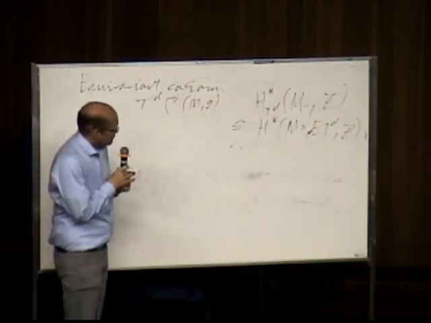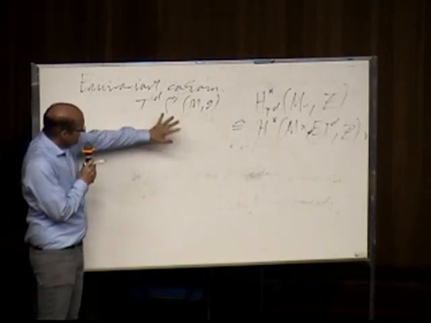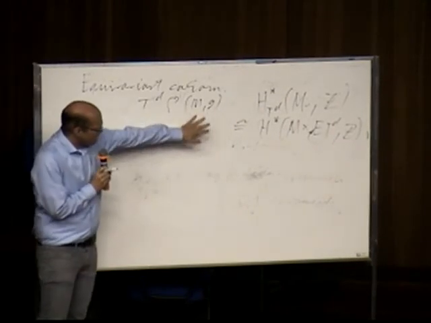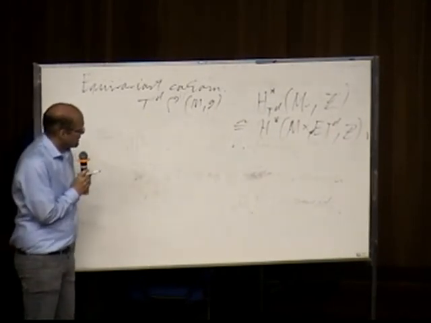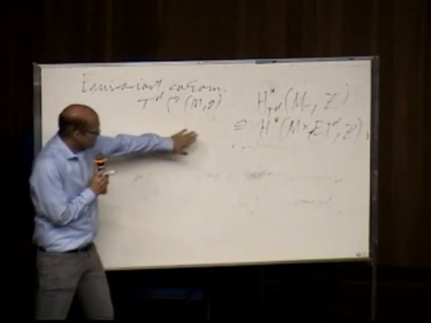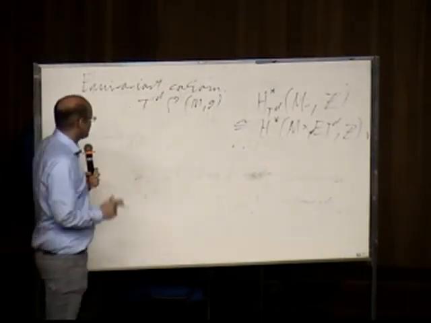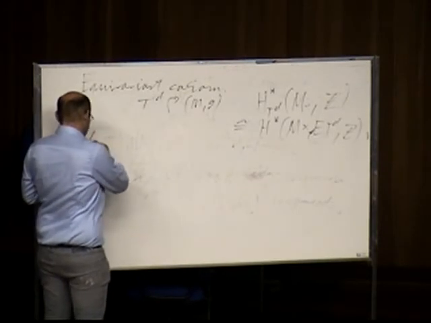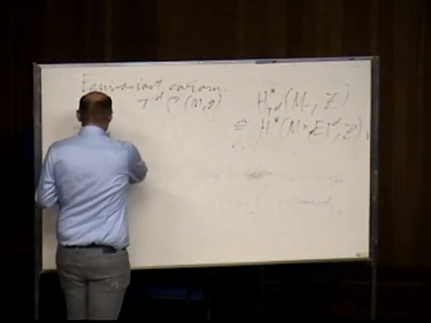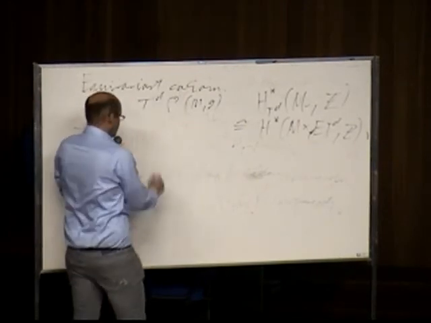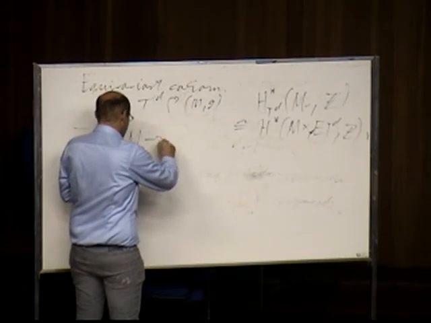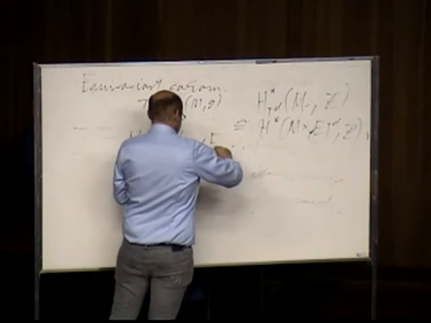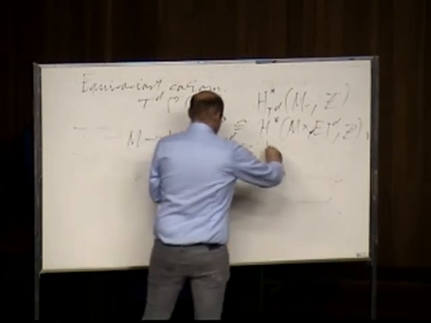And using calculations in equivariant cohomology, you can relate the fixed point set of the manifold to the equivariant cohomology of M, right? So for example, one result: there's a fibration, M cross T^d, ET^d to the classifying space.